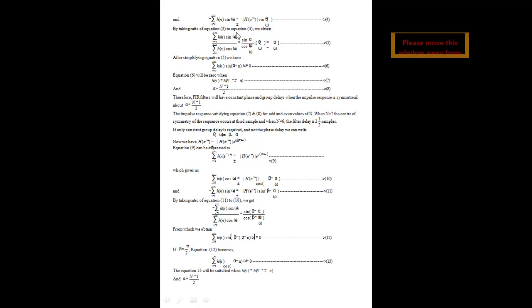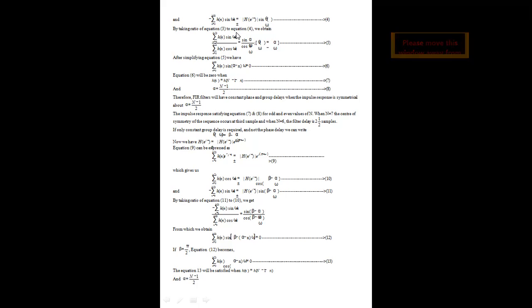So take the ratio of the equation. What will happen? Summation h of n sin of beta minus alpha minus n into omega is equivalent to 0. This equation will become 0 when we replace beta with pi by 2, so the equation can become 0.